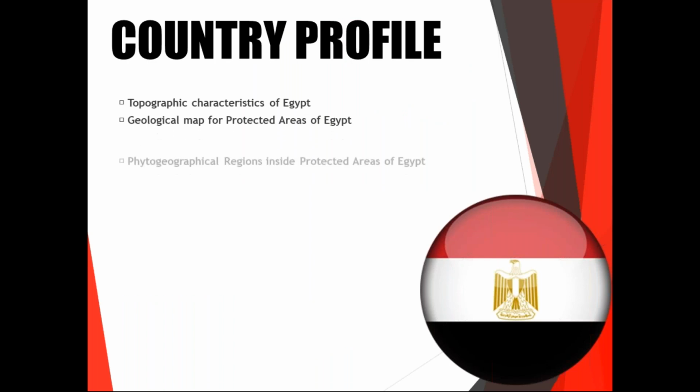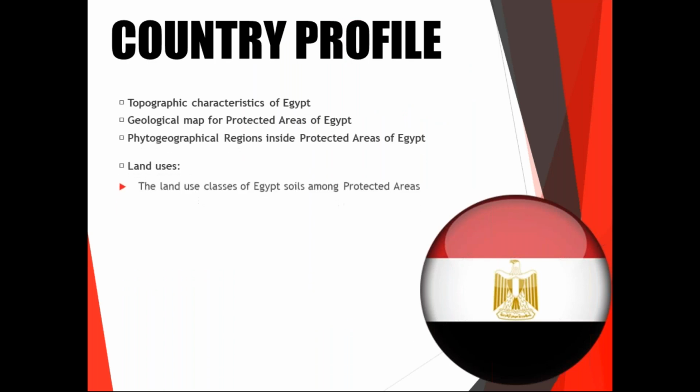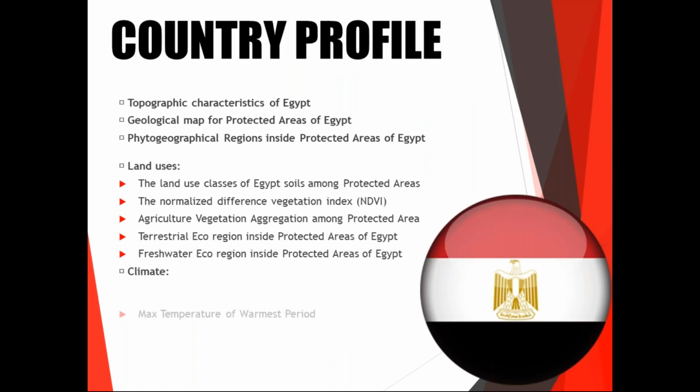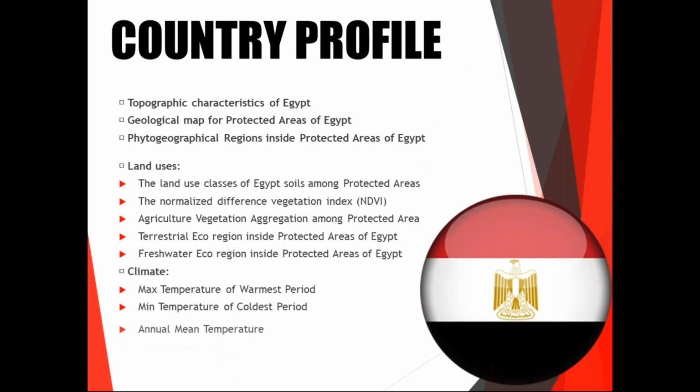Today, I will show you some examples of spatial mapping that we have done in Egypt to determine the effectiveness of protected areas and conservation of natural resources. Until now, we have declared 30 protected areas covering about 15% of the country's area.